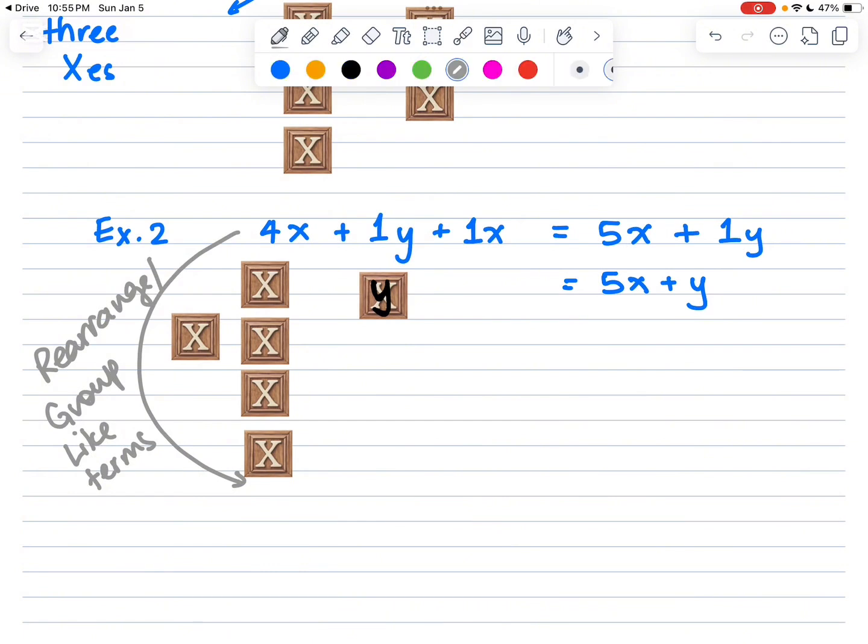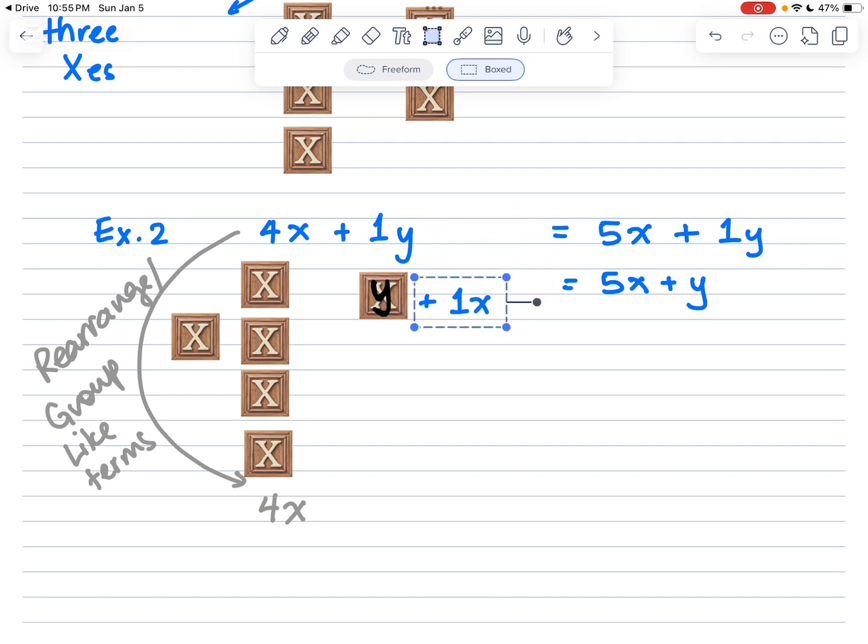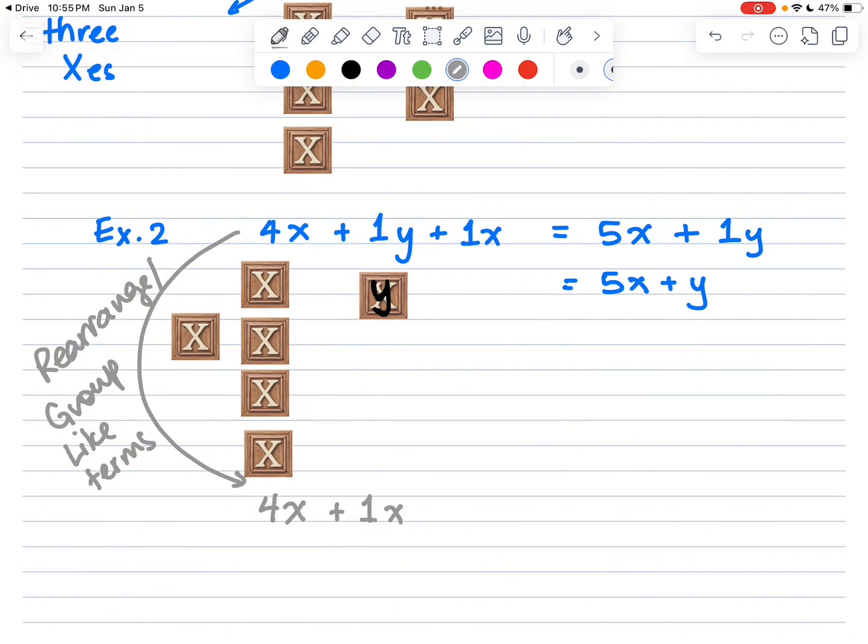So when we write that algebraically, we're going to say, well, let's take this plus 1 tile and stick it right beside the plus 4x. Okay, so I'm going to write it this way. And then I still have my plus 1y.